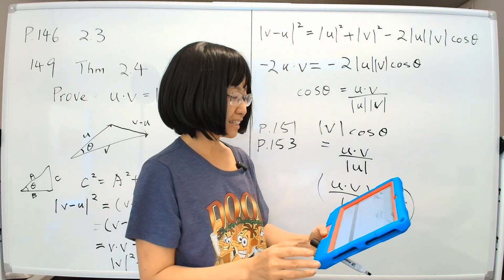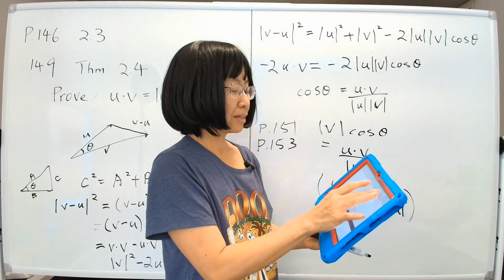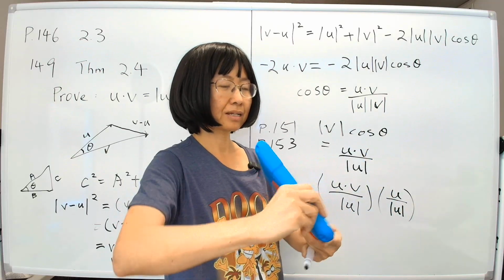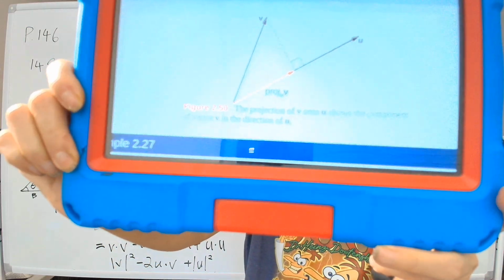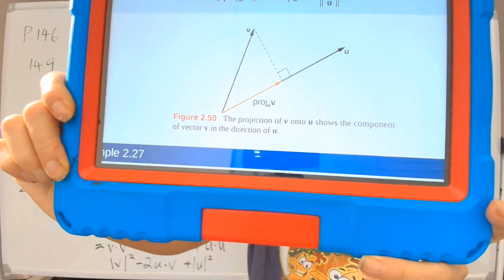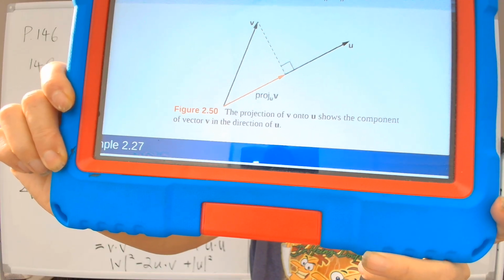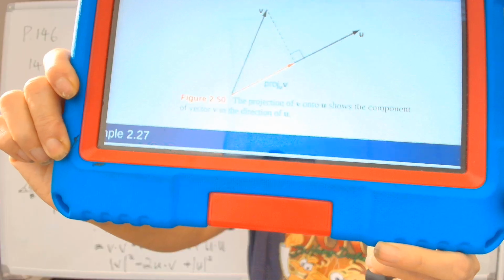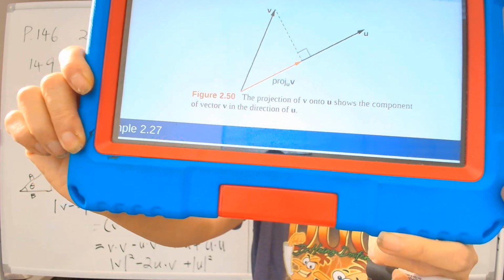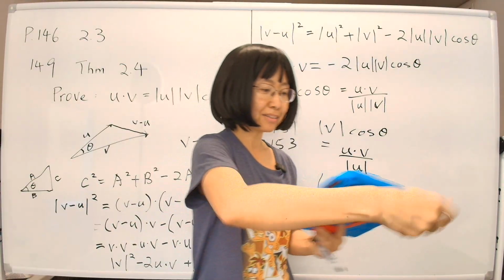The point is, to find the projection of v in the direction of u, we calculate the cosine theta to know how long it is, and its direction is of course the same direction as u, and that is how this works.